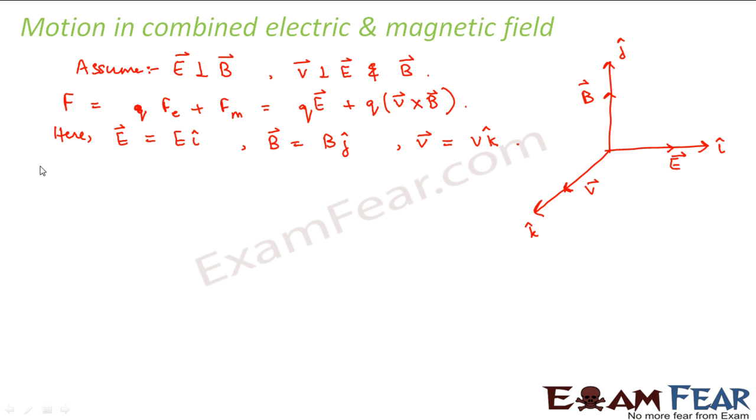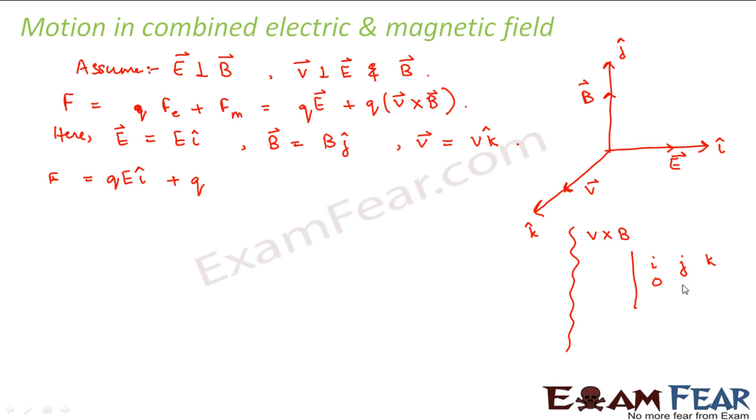So now in this expression, you can write that the net force will be equal to QE i cap plus Q into V cross B. So what is V cross B? Let us calculate V cross B here. Let us suppose this is i, j, k. Now what is V?